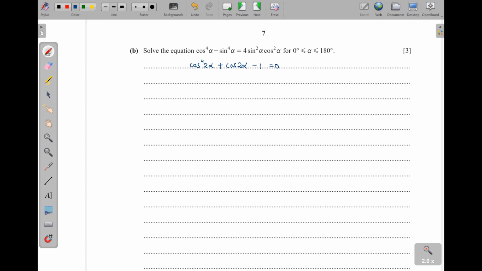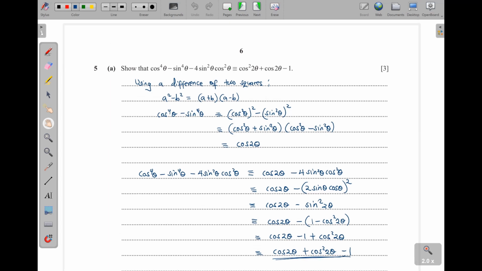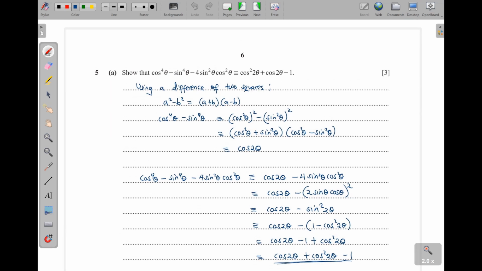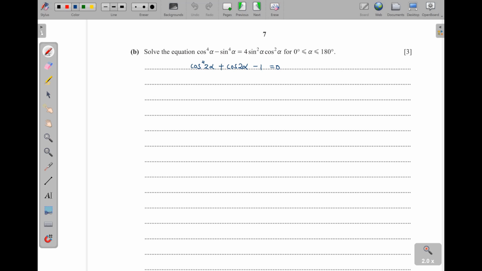Remember, when I bring this one to this side, it is going to resemble what I've just proved. Let's check again. What we have just proved is here, this whole thing on one side. Do you see that? And then here we have twice theta. So that's why here I'm having twice alpha also, just like that.